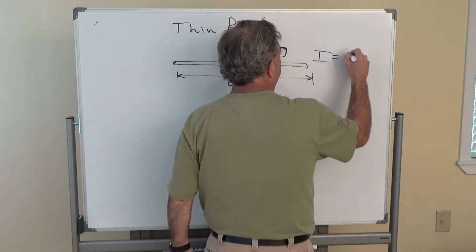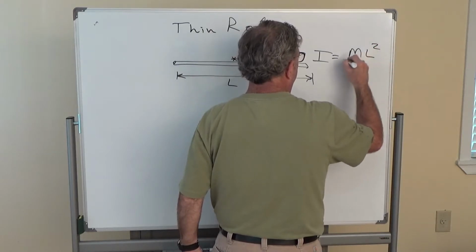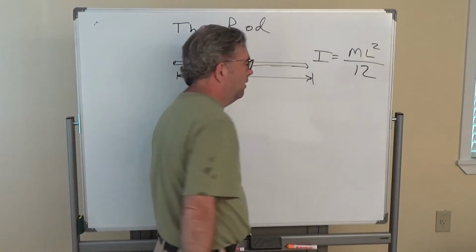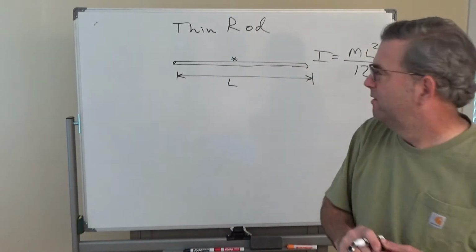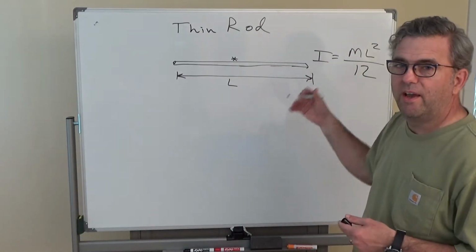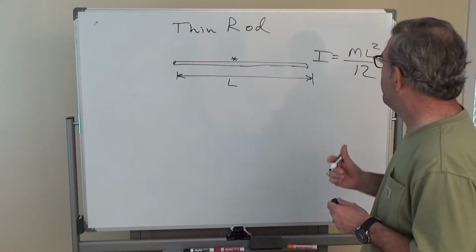I is equal to mL squared over 12. That's just the way it works out. If we had time, I would show you how to calculate this, but we don't.